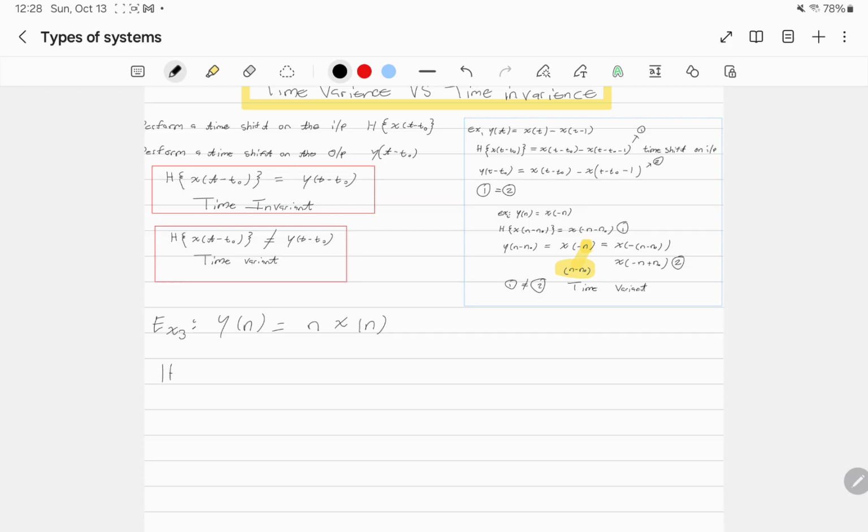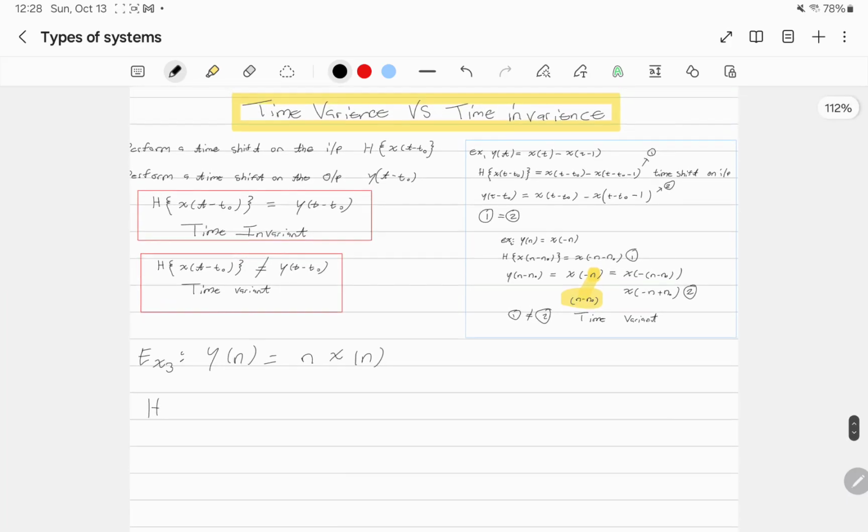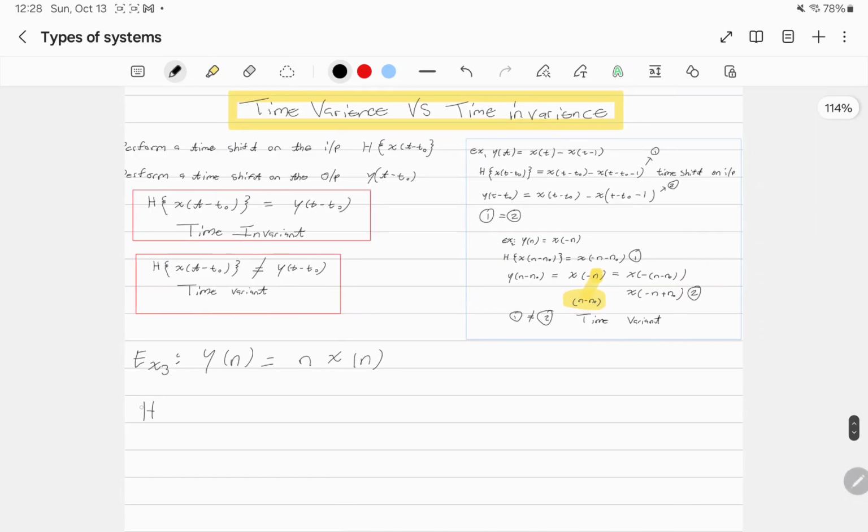So we have h of x of t minus t naught, and now every n I see, anytime I see an n, I'll add, or sorry, this is discrete time, so n minus n naught, not t. So this is equal to n minus n naught times x of n minus n naught.